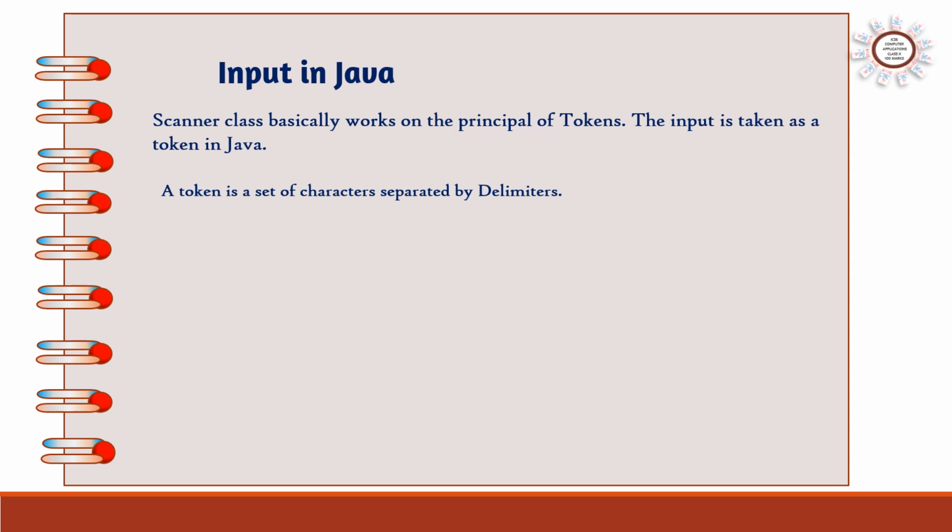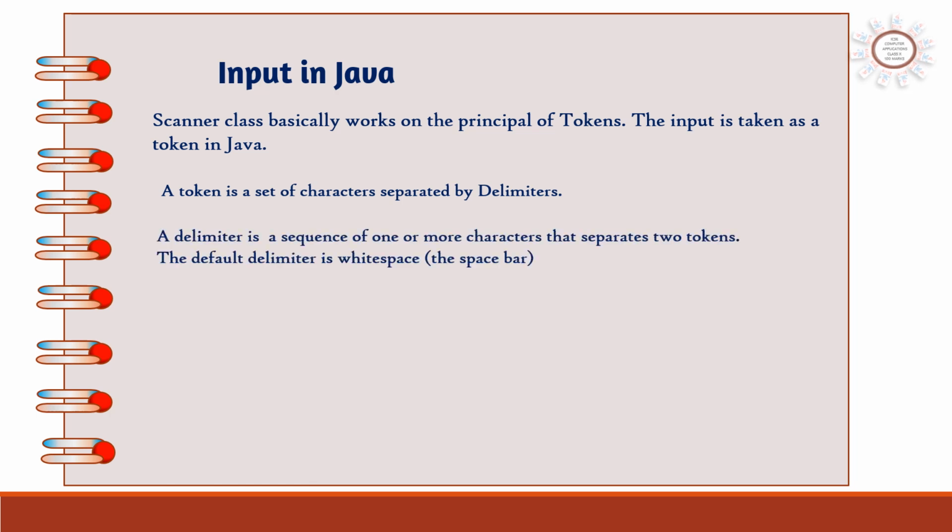Now the question arises, what is a delimiter? A delimiter is a sequence of one or more characters that separate two tokens. Tokens means a set of characters. It can be a word, a group of numbers, a boolean true or false. So whatever separates two tokens is known as a delimiter.